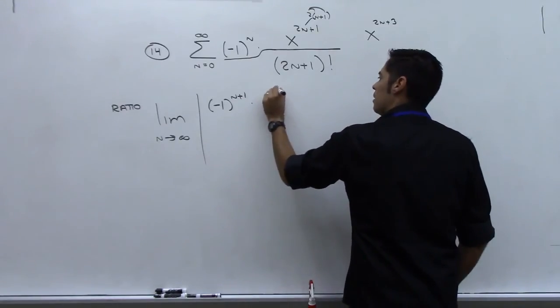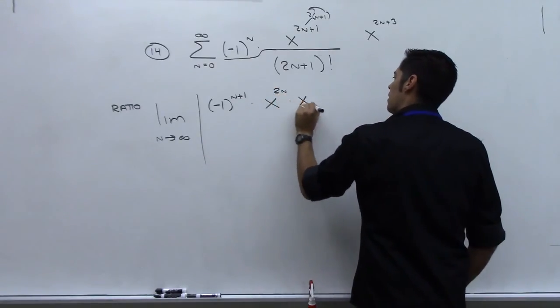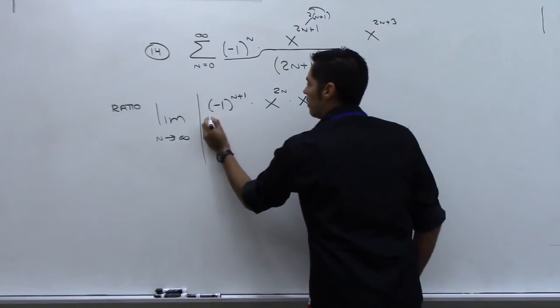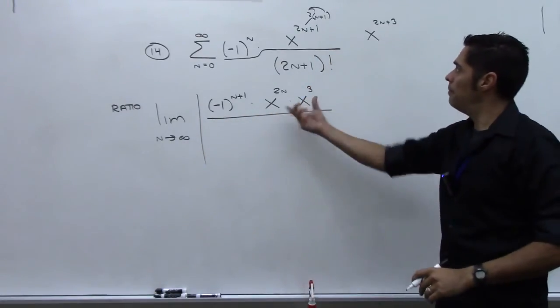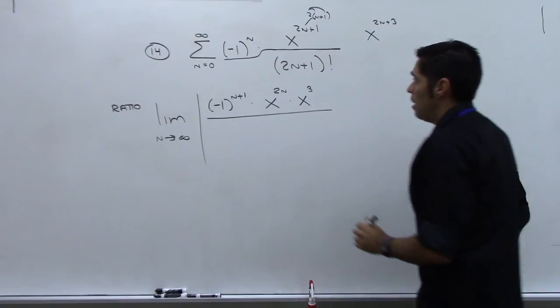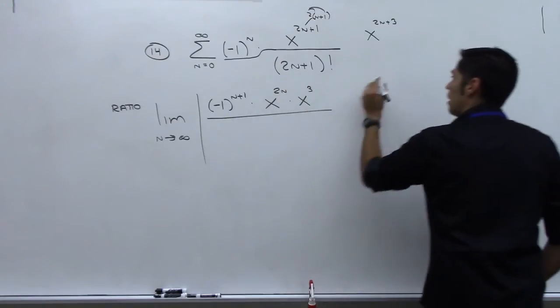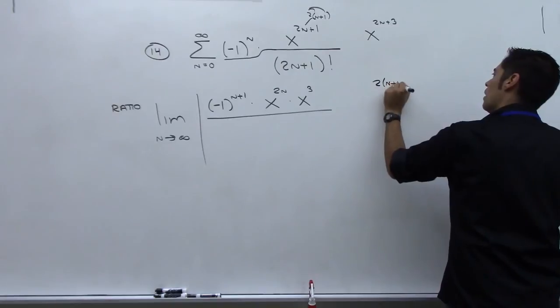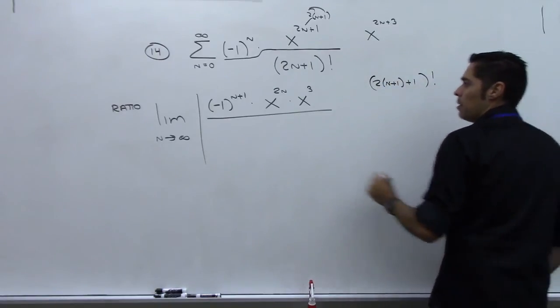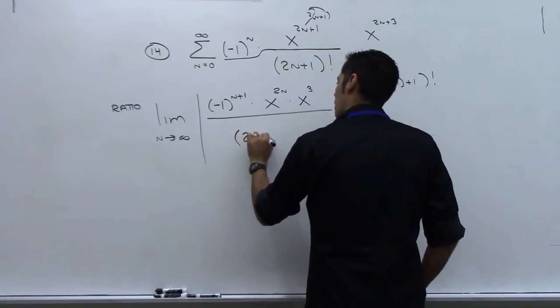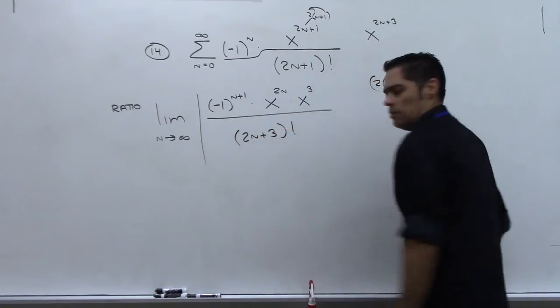So you get x to the 2n times x cubed, like that, over, so that's taking that and splitting it up. Then, on the bottom, you have to plug n plus 1 in right there. So you're doing 2n plus 1 plus 1, all of that factorial. Again, you're going to get 2n plus 3 factorial.